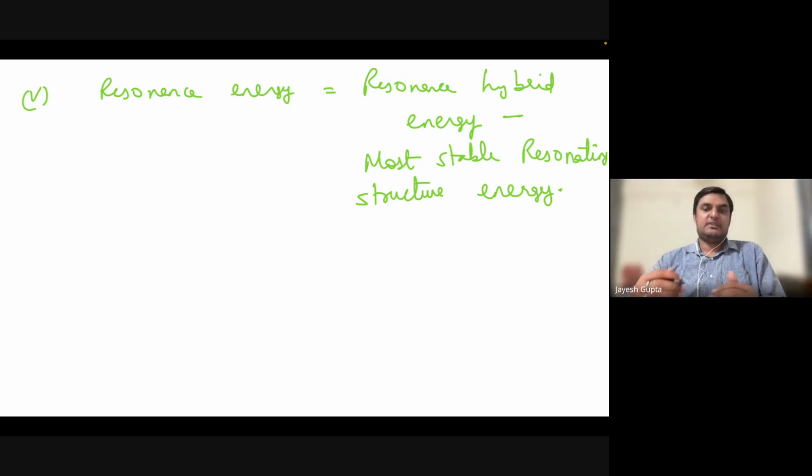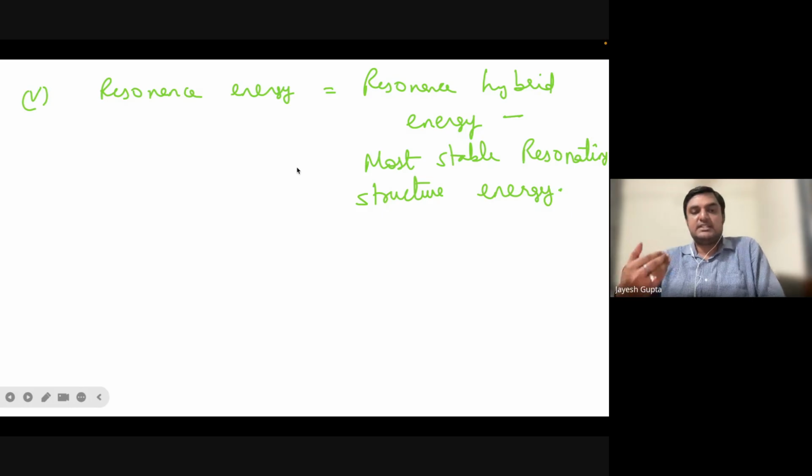I mean to say, if the resonance hybrid is more stable, it has lower energy, and the resonating structure is less stable, so it has higher energy. You are subtracting a smaller magnitude minus a higher magnitude, so you get negative resonance energy. Whenever resonance energy is negative, energy is released, so it is exothermic, and your compound is getting more stabilized.